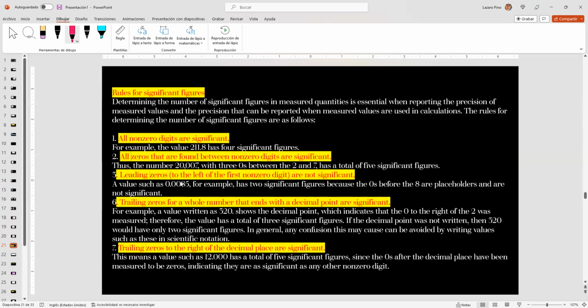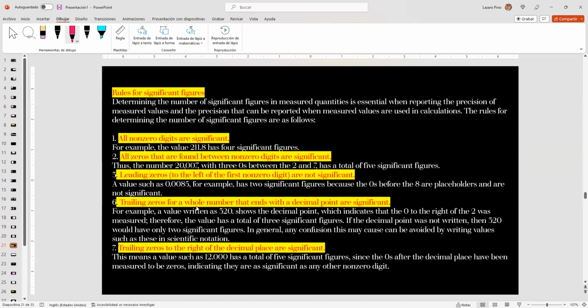But if the zeros are to the left of the first number different from zero, these zeros are non-significant. Then this number, for example, has only 1, 2 significant figures.